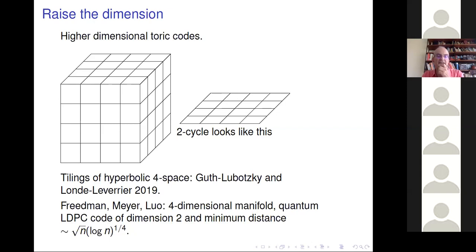And there's this historic construction by Friedman, Mayer, and Lure, which has the record until recently for the minimum distance of a quantum LDPC code. It also uses clever tilings of some 4-dimensional manifold, and the minimum distance scales like square root of n times log n to the 1/4.